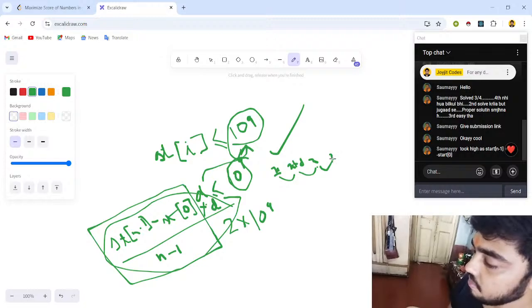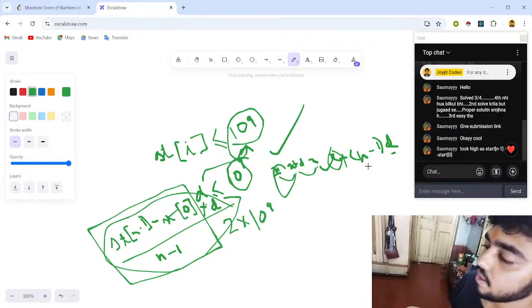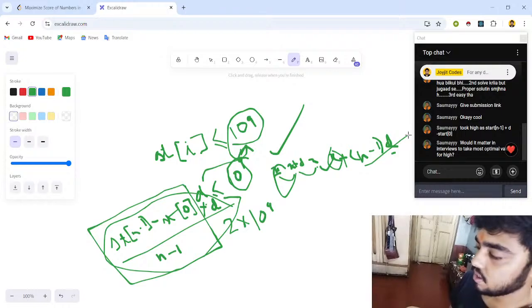And the last element will be x plus (n minus 1) into d, right? So from here you can find the value of d. The value of d is basically going to be: take this value and this value, subtract, and then divide by n minus 1. So basically that is what you get.